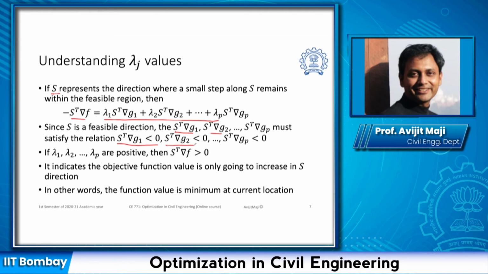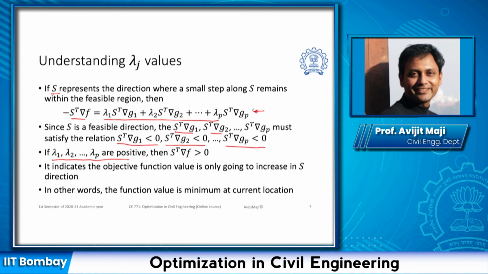So the active constraints were less than 0, and that is what we are saying: our search direction, when pre-multiplied with the gradient of the active constraints, is going to be less than 0. Now if all these are negative, then to keep all of them negative, we must ensure that all the lambdas are positive.